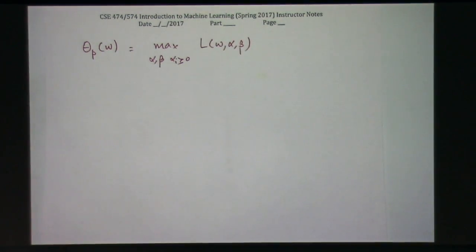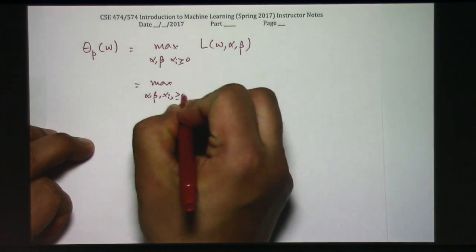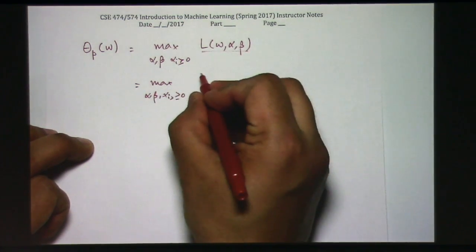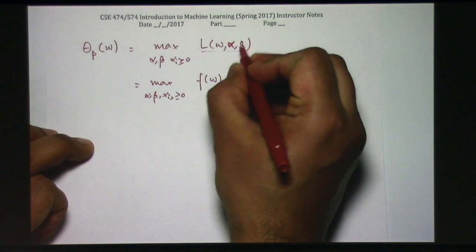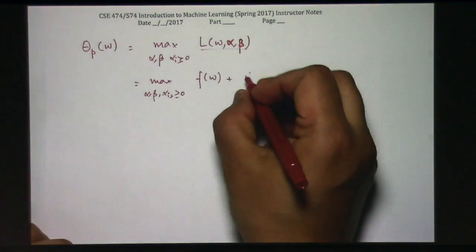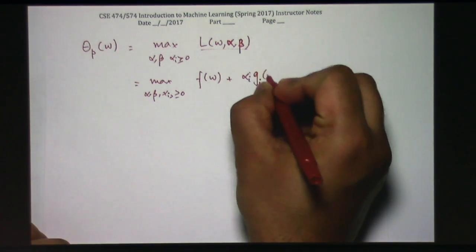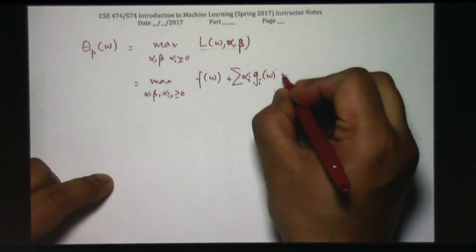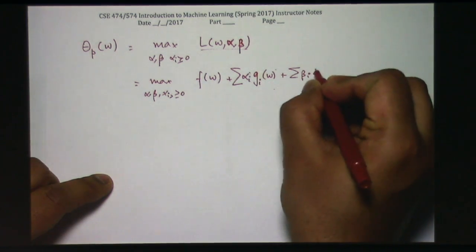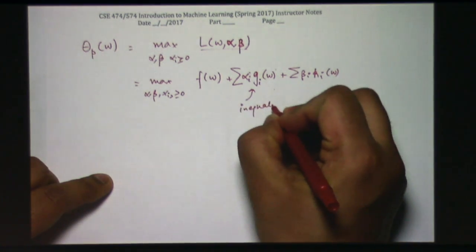This is our sub-problem that I'm defining here, which will be the same as max over alpha beta, alpha i greater than or equal to 0, of f of W plus, now let's say this alpha and beta are vectors, so they contain all the multipliers, alpha i times g i of W. These are all our inequality constraints, plus beta i h i of W, which are all our equality constraints.